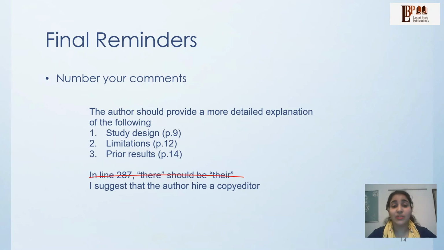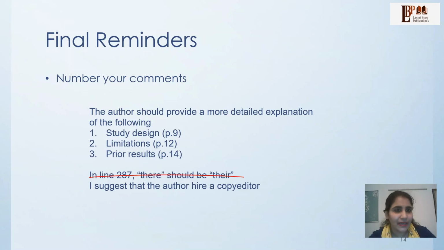Alright, so as we are discussing the final reminders, some more important things are, as I already mentioned, numbering your comments. The author should also provide a more detailed explanation of the following: study design, the limitations, the prior results, and everything should be page numbered. You should have page numbers associated with it so that it becomes easier for you, as I've already mentioned.